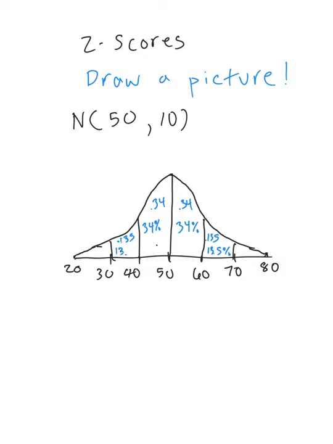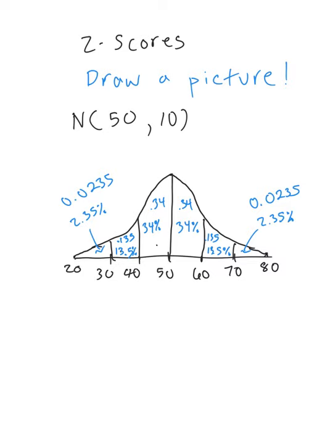The rest should add up to 95%, and then the outer parts, the remainder, should add up so that most of this bell curve is 99.7%. These two small ones should be 2.35%, or 0.0235 numerically.